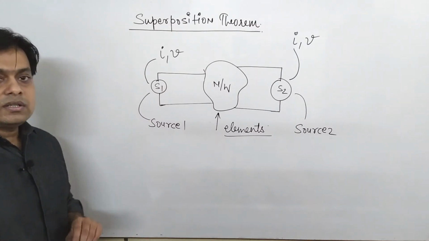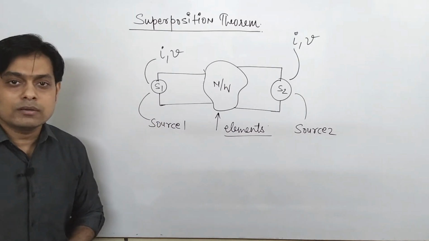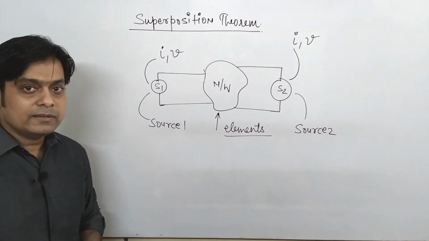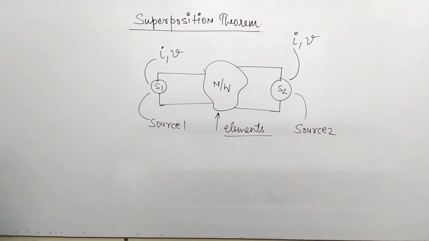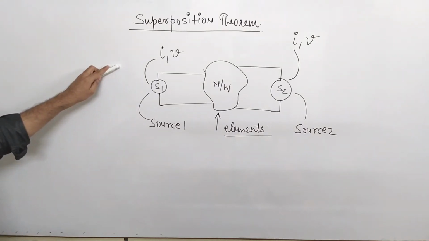I am just reading the statement of superposition theorem. Please try to listen to it properly. Superposition theorem states that in a multi-source complex network consisting of linear bilateral elements, the voltage across or current through any element is equal to the sum of individual voltage and current produced independently by each source acting independently.